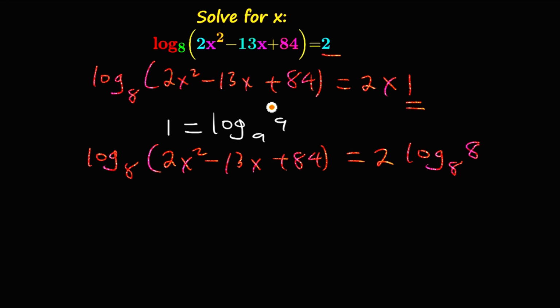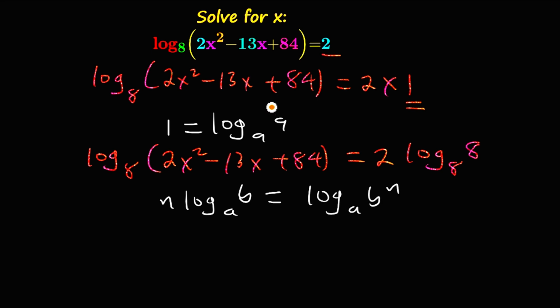Now we want to make sure that we have log to base 8 on either side of this equation. So we can use the third law of logarithms on the right hand side of the equation. That is, if you have n log to base a of b, then that is the same as log to base a of b power n.